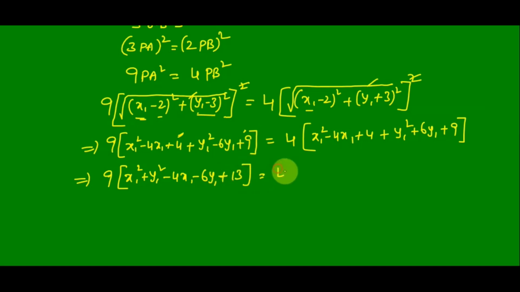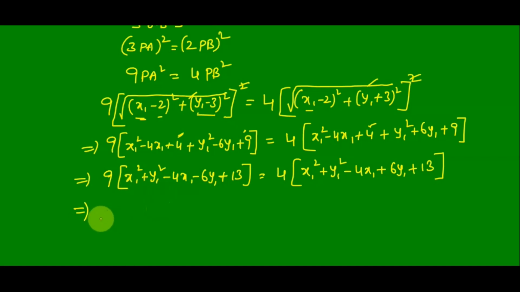Similarly on the right hand side I'll simplify first. First come x1 terms, then y1 terms, and last 4 plus 9 is 13. Now what we'll do, we'll multiply this whole left hand side with 9.